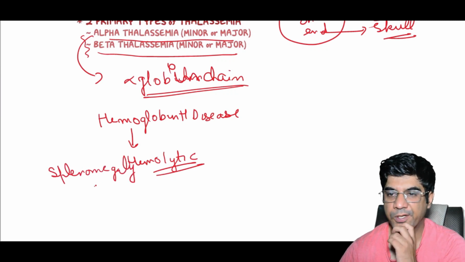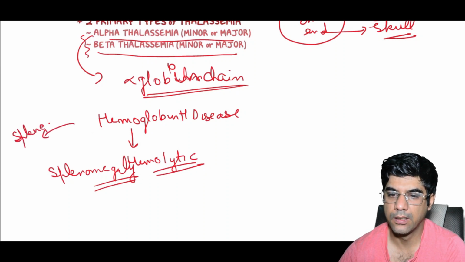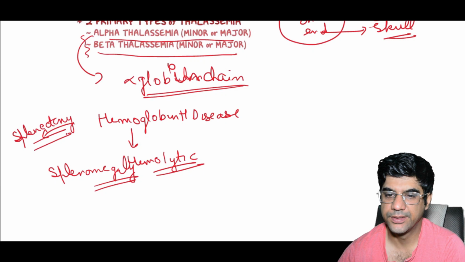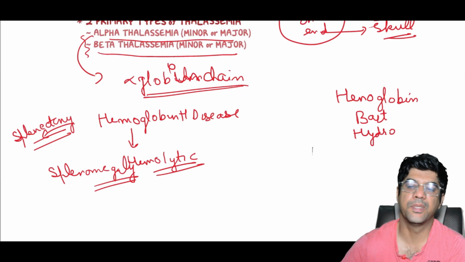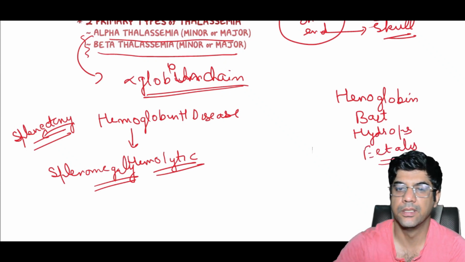And if there is a deletion of all 4 genes, then the condition is hemoglobin Bart's hydrops fetalis. Here the fetus develops generalized edema and typically dies after birth.